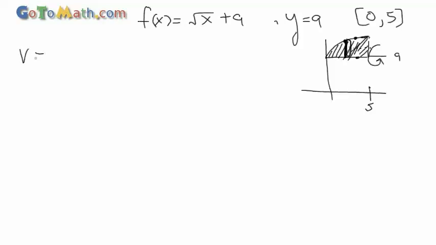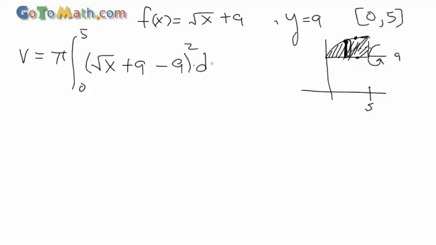So volume is equal to pi, integral from 0 to 5. Take the larger one up here, which is the square root of x plus 9, minus 9. Square it, right? This is going to be our radius times, remember the height of the cylinder, but we're just calling it dx now.